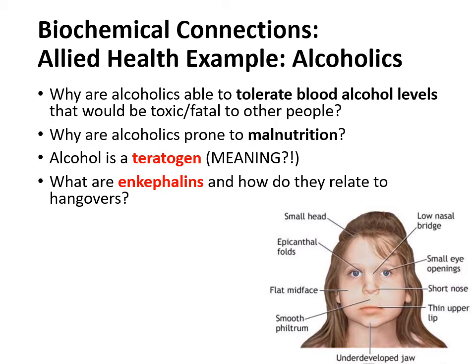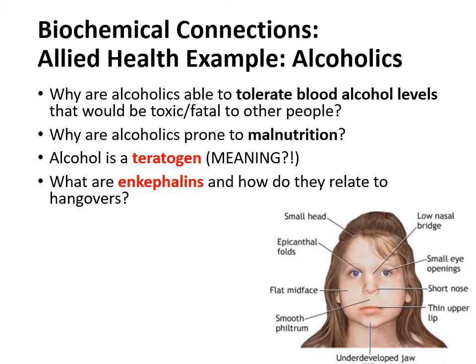And the reason for that is that the enzyme responsible for breaking down the alcohol, alcohol dehydrogenase, is an inducible enzyme. Okay, so its level increases in response to alcohol use. The more you use alcohol, the higher the levels of this enzyme are going to be.